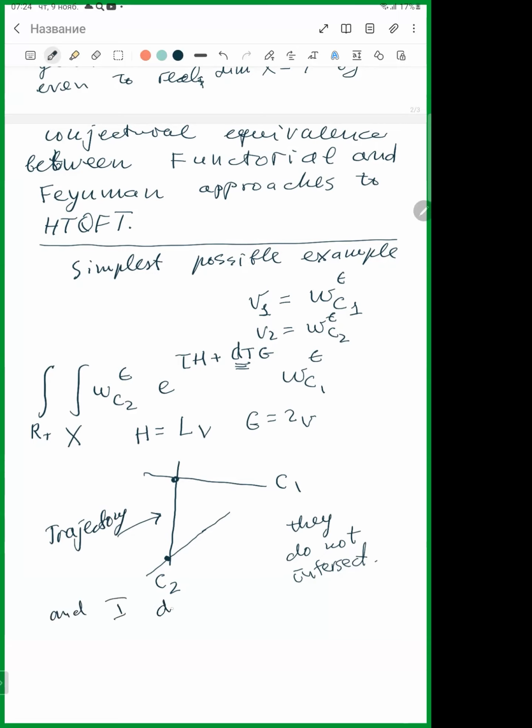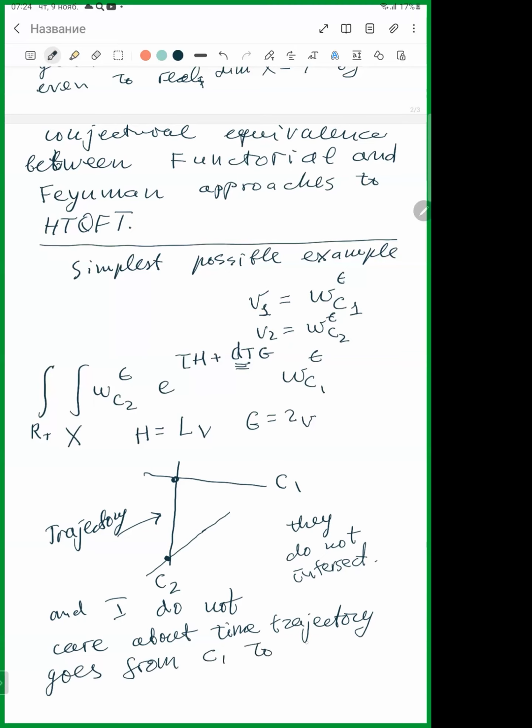And I do not care about time. Trajectory moves. Trajectory goes from C1 to C2. Saying that I don't care about the time actually means that I'm integrating over R plus, any time.